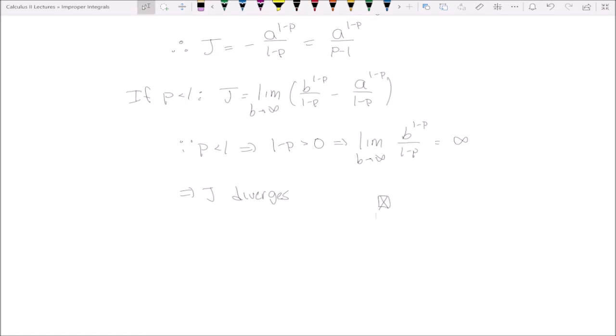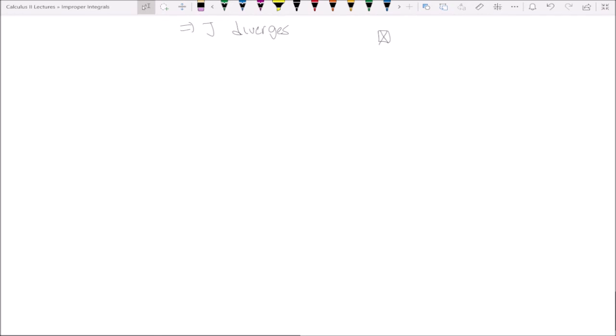We next take a look at the next type of improper integral, the one where the integrand is discontinuous over the interval of integration. Let f of x be continuous over this interval.